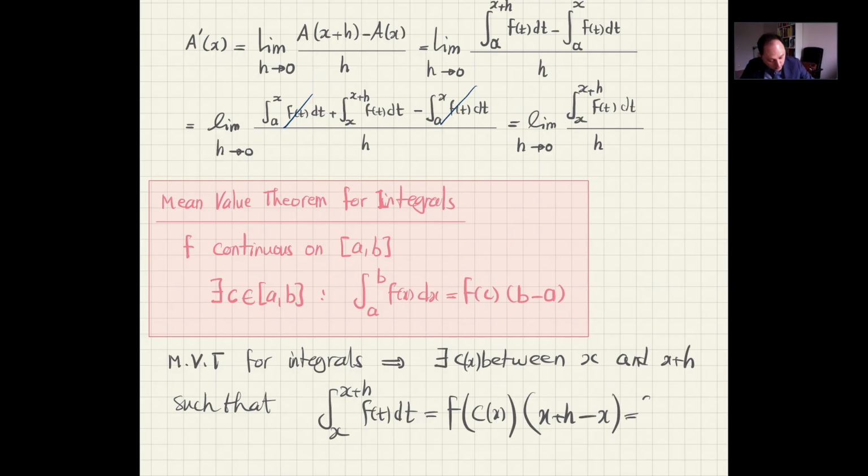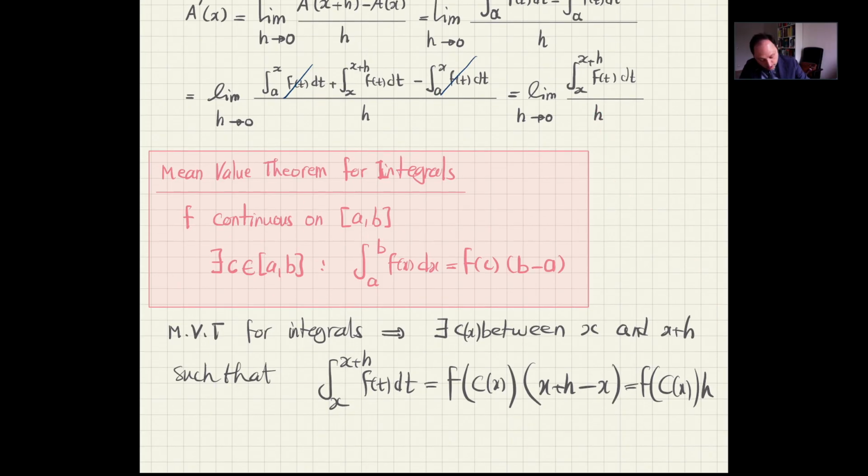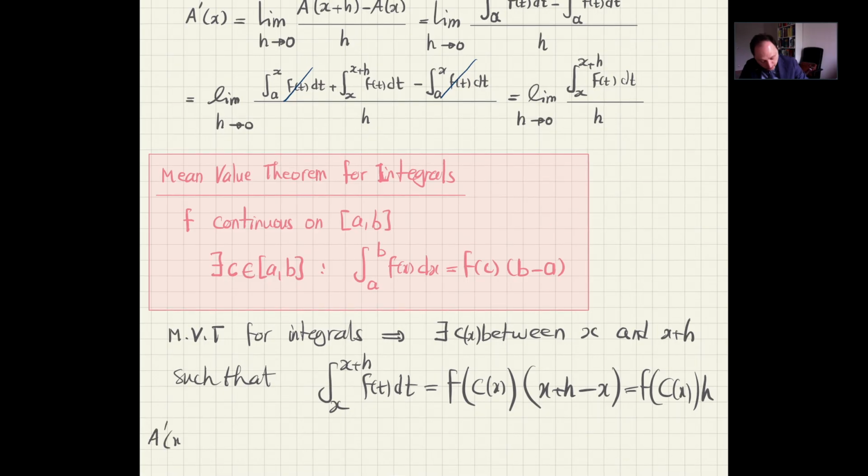This becomes f of c of x times h. And then I will put this back in this equation. So a prime of x is equal to the limit, in the numerator I write f of c of x times h, divided by h, as h goes to 0. So this becomes the limit of f of c of x as h goes to 0.